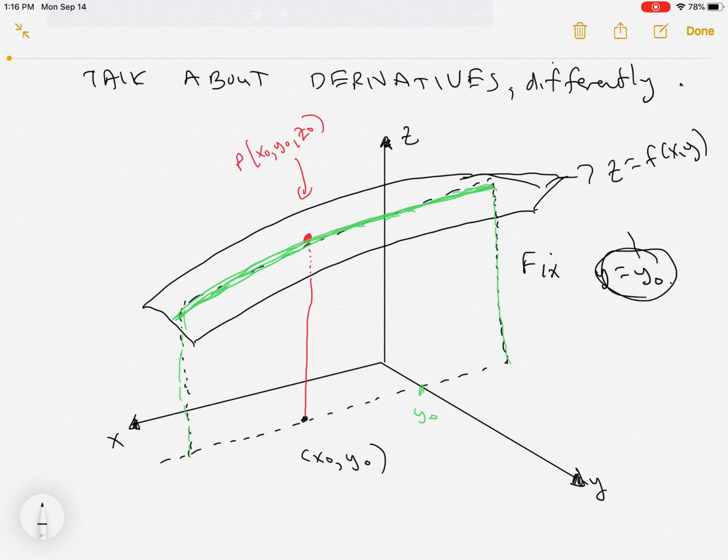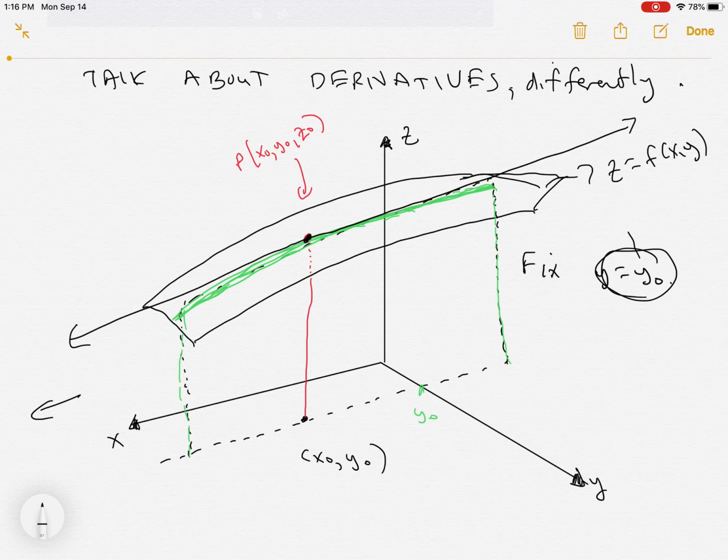If we let this thing be fixed and we just move in the x direction, and we think of a line, now we've got a tangent line, a distinct tangent line in this direction only. So of all the infinite lines that intersect this surface at this point, we're picking the one that's parallel to y equals y naught at this point. So we're just looking at that.